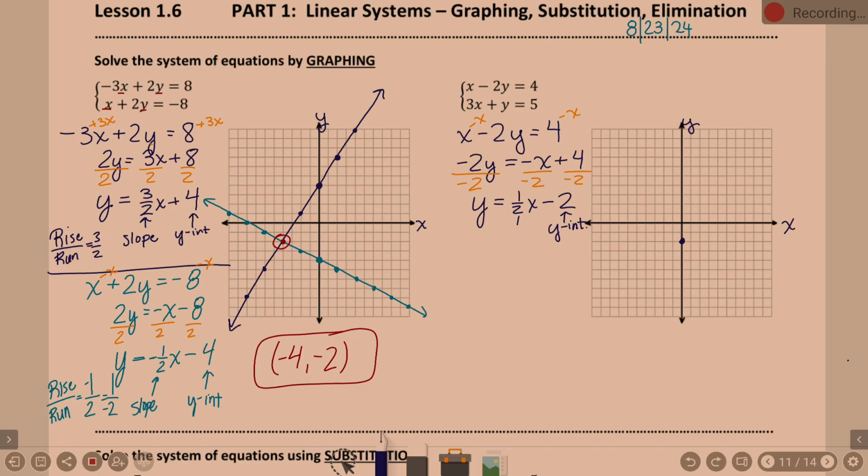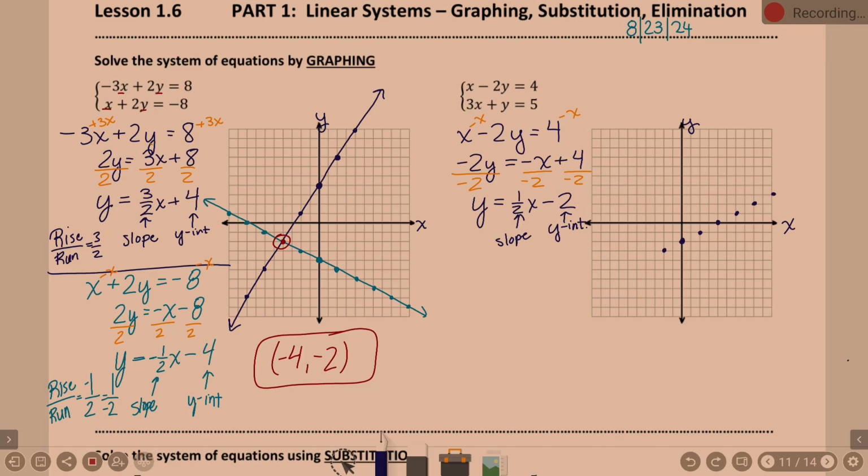Slope of 1/2. So with a slope of 1/2, we're going to what? Rise 1, run 2. And you can always reverse it.